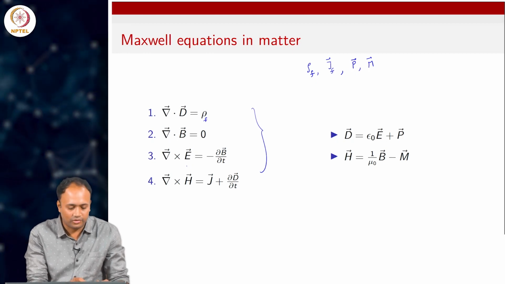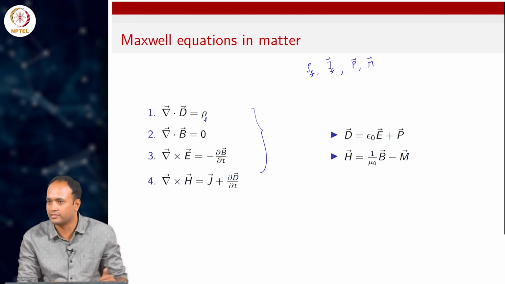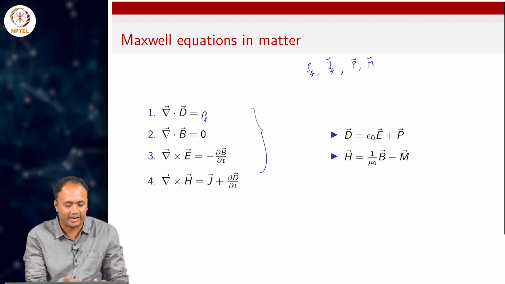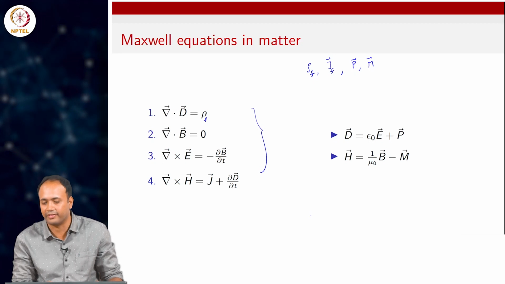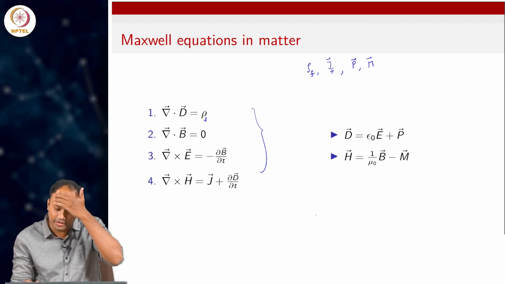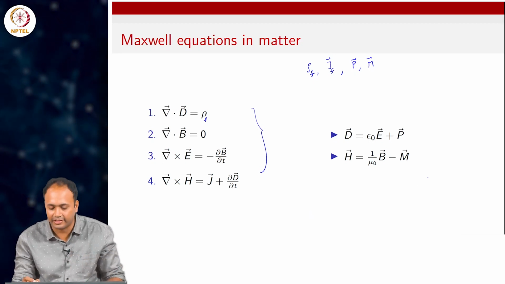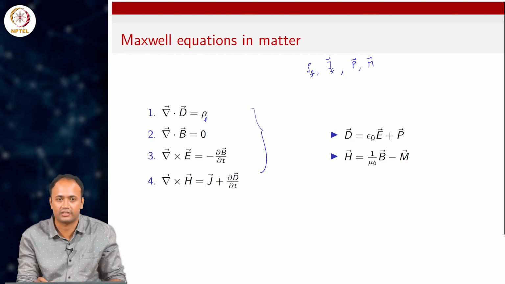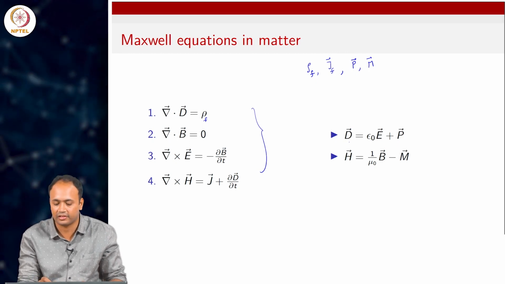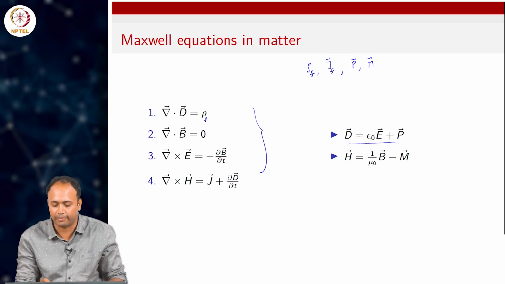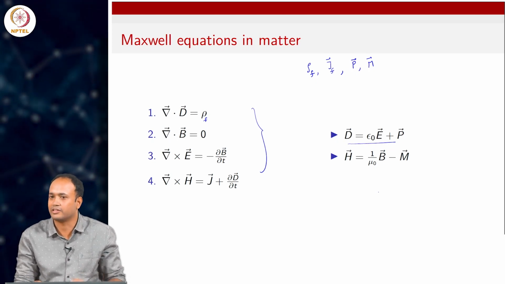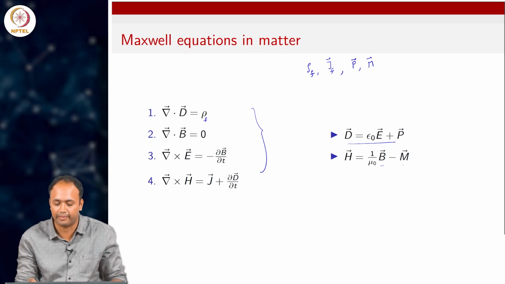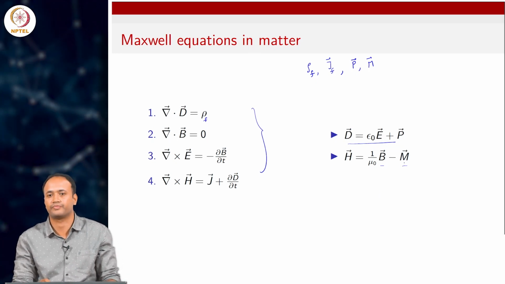Then this is Faraday's law, curl E is minus the derivative of the magnetic field with respect to time, and this is finally Ampere's law with a modification. Now the constitutive equations that link the polarization with the electric field: D is equal to epsilon naught E plus P, and H is this auxiliary vector which connects the magnetic field with the magnetization vector, right.